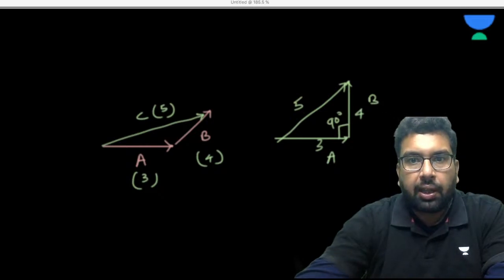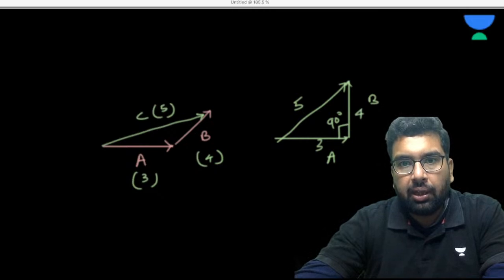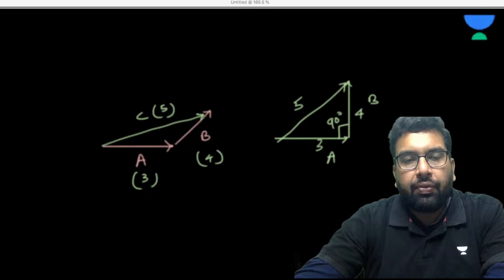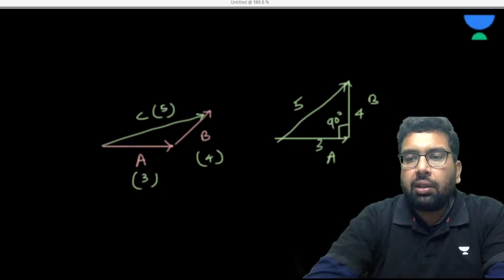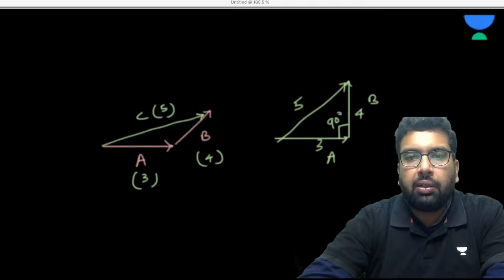I think you got this angle. You gave the answer to this angle, but it was not asked. This is the angle between A and C. If they had asked in this question what is the angle between A and C, then this would be your answer. This is not your answer.